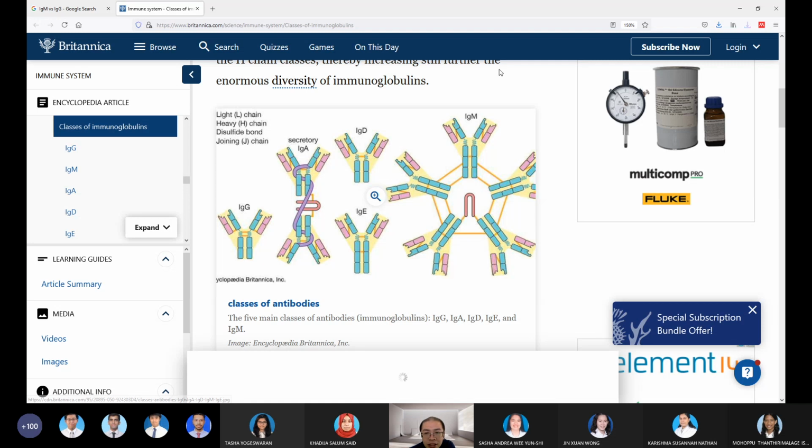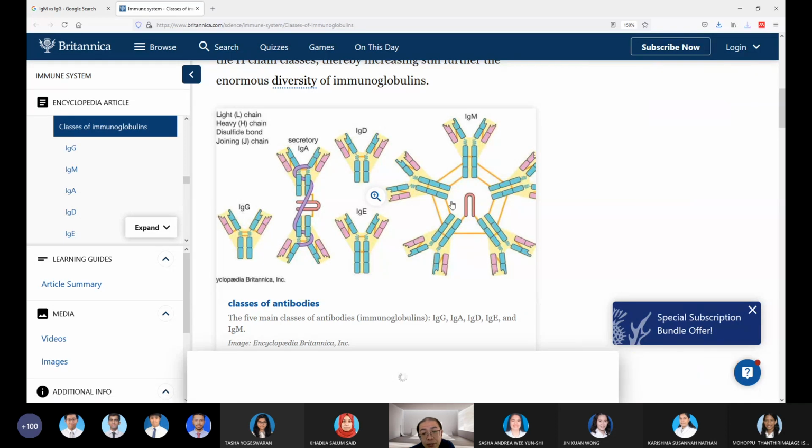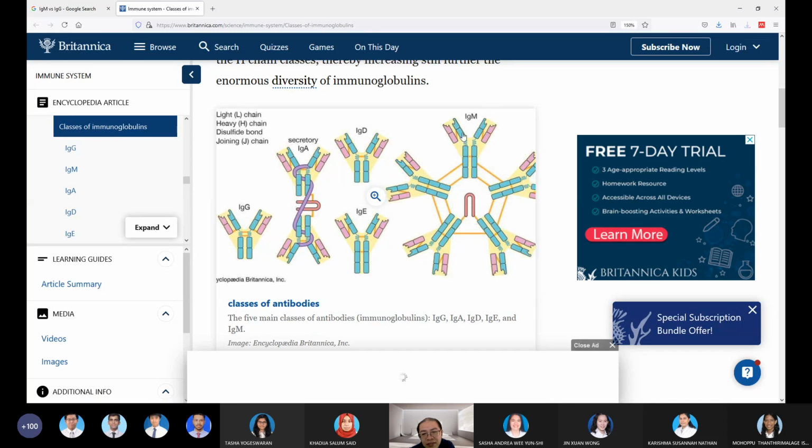How do I put it? So avidity is the sum of all interactions, or sum of all binding. As you can see, IgM has how many binding sites? 10, right? So as a result, the sum of all binding combined is known as avidity.